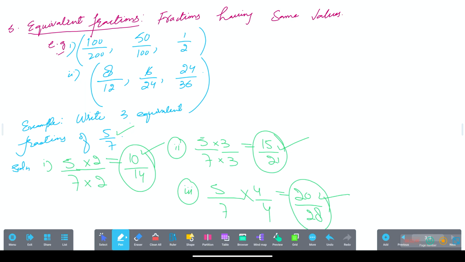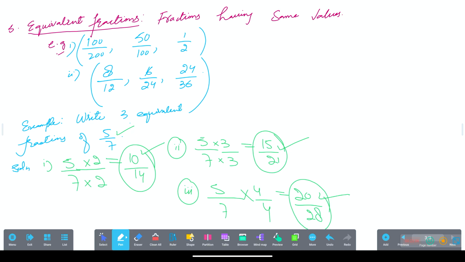So they all are equivalent fractions. 5 by 7 was initially given. Rest 3 are 10 by 14, 15 by 21, 20 by 28. This is how we will get equivalent fractions of any fraction by the process of multiplication.